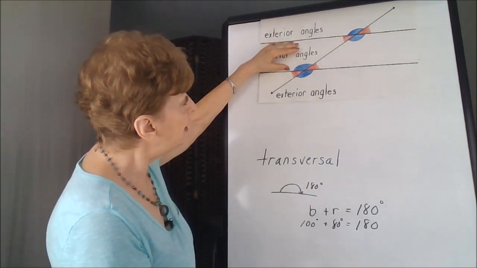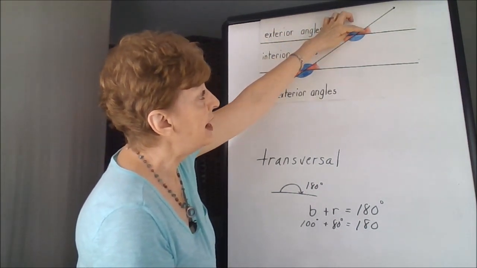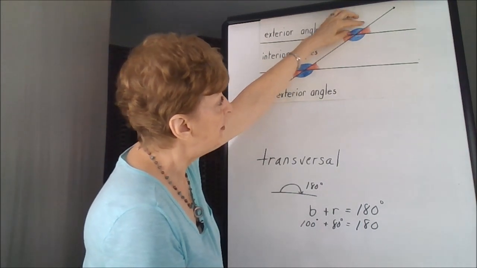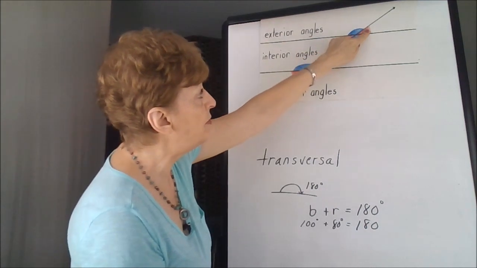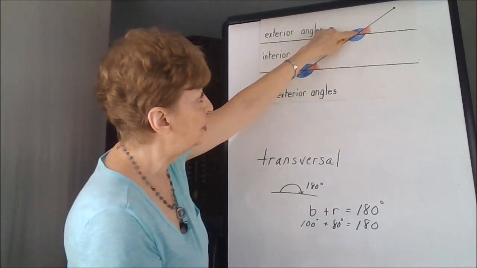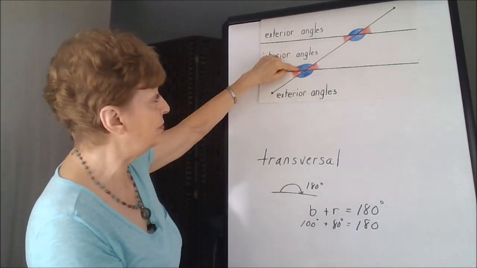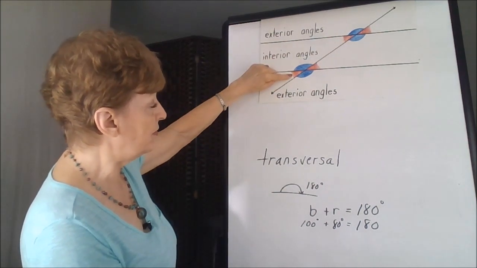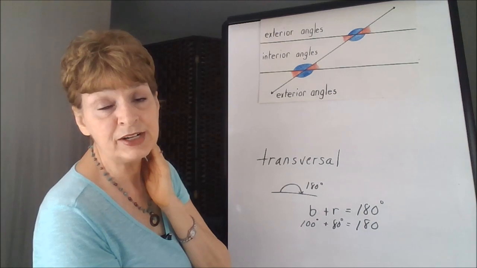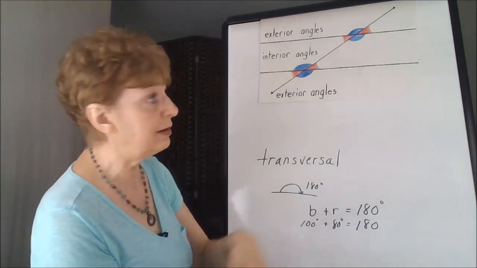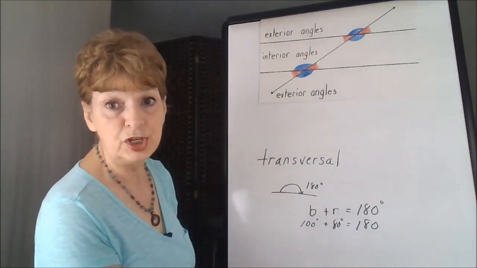And also, if we pick this up and set it down here, the red would match up with the red. The blue would match up with the blue. This red angle would cover this one, and this would cover that. If you knew the dimensions of one single angle in this setup, you could figure out all of them.